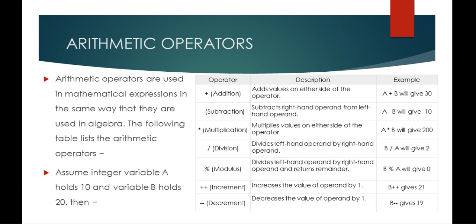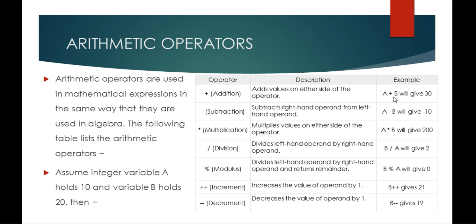Okay, so the arithmetic operators. So the arithmetic operators are used in mathematical expression in the same way that they are used in algebra. So this is the table itself. So we assume that the variable A holds 10 and the B will be 20.